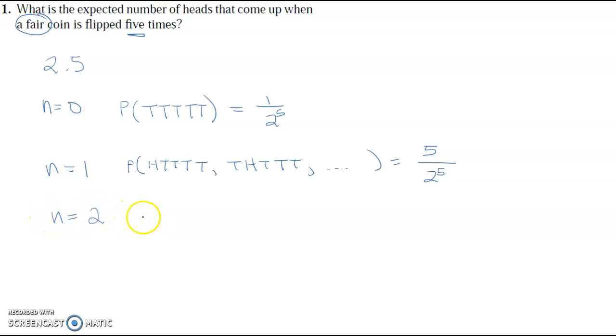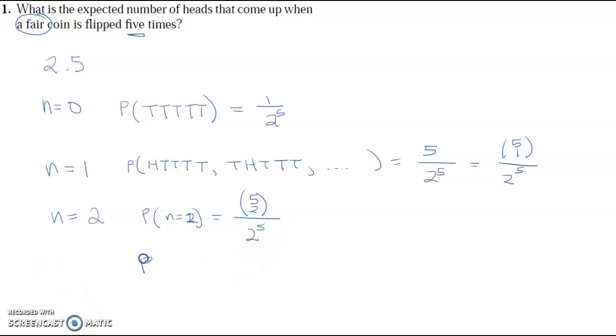When n is 2, let's go ahead and use our previous homework, last week's knowledge. So when n is 2, this is going to be 5 choose 2 over 2 to the power of 5, and so on.